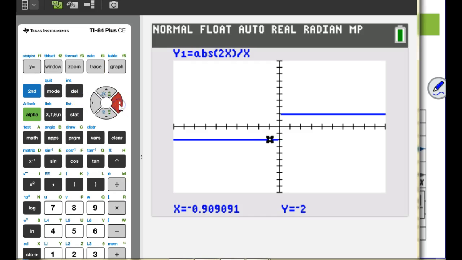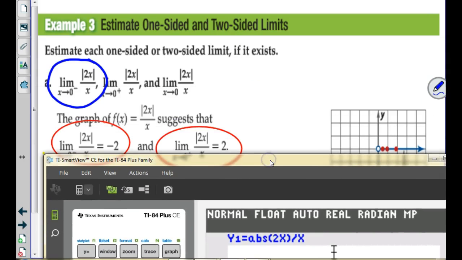What is the y value getting closer and closer to, guys? Well, the y value is staying at what? Really? Okay. As this gets closer and closer to 0, the y is staying at -2. So the left-hand limit is -2.